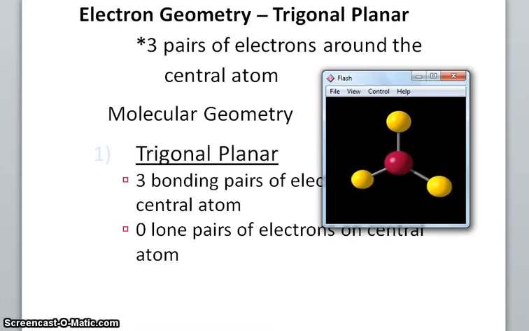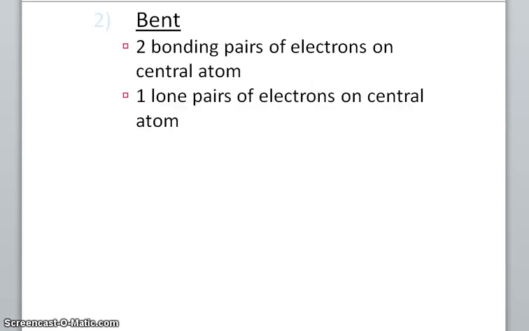When we look at a trigonal planar molecular geometry, we've got a central atom, three bonding pairs of electrons off of that central atom, and there are no lone pairs of electrons on that central atom. Therefore, all of the atoms are going to be along the same plane, and we would call it trigonal planar for our molecular geometry, as well as our electron geometry.